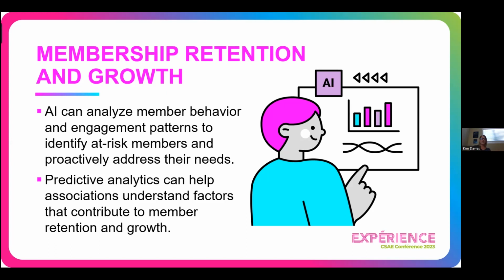We all know that there is a cost with acquiring new members to replace the ones that you may have lost. And growing your membership is a lot easier when you know you have a solid retention rate. With AI delivering more personalized experiences and content recommendations, that's going to keep your members more engaged and satisfied. You're going to increase their lifetime value to the association.